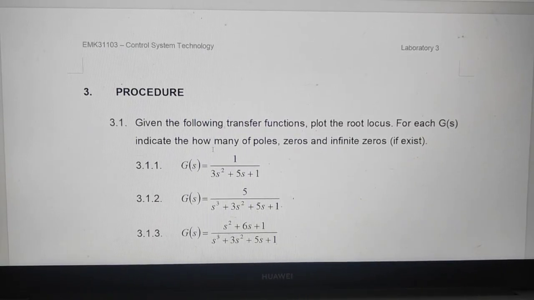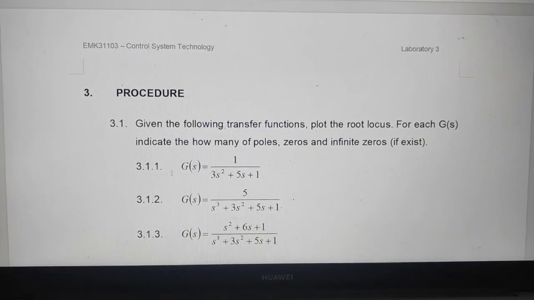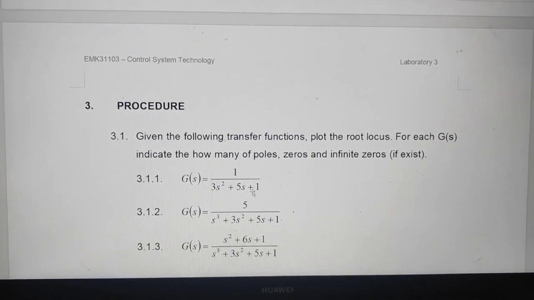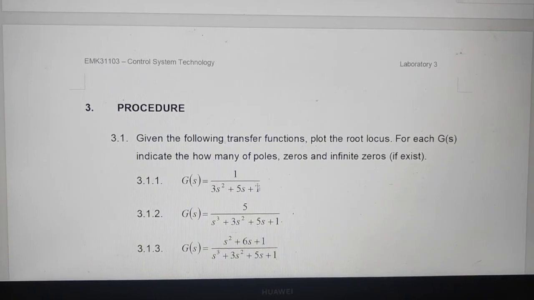For the exercises, 3.1.1, the question is 1 over 3s squared plus 5s plus 1. For 3.1.2, it is 5 over s cubed plus 3s squared plus 5s plus 1.